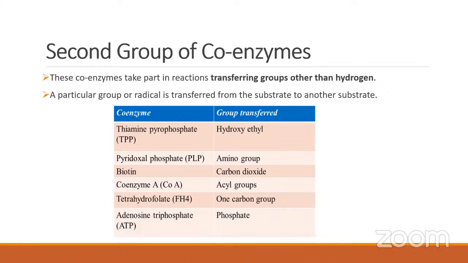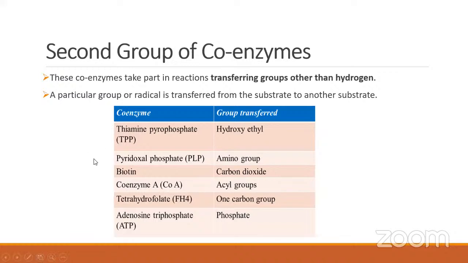We only need structures in molecular biology classes and in the basic chemistry classes of carbohydrates, lipids, and proteins. In enzymes we don't need much of the structures, so just remember those names. The group transferred by thiamine pyrophosphate is hydroxyethyl. PLP, pyridoxal phosphate: the group transferred here is the amino group. Then biotin, it is also a vitamin B complex, right? The group transferred is carbon dioxide.